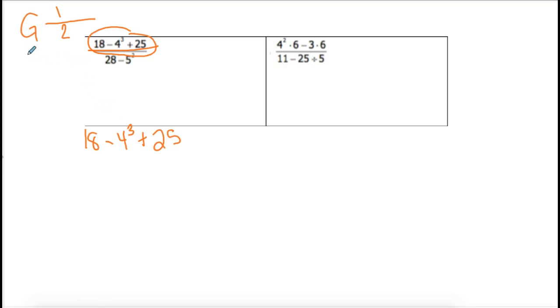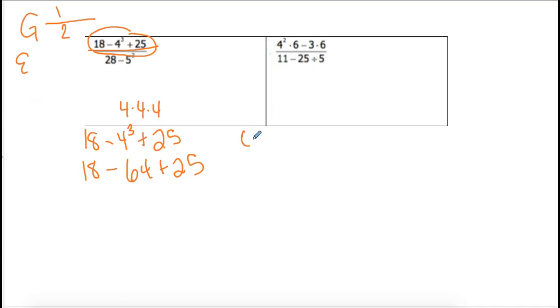So GEMDAS would tell me I need to do my exponents first. 18 minus 4 cubed, which is 4 times 4 times 4. 4 times 4 is 16 times 4 is 64 plus 25. 18 minus 64 means I had 18, I lost 64, so I'm going to be in the negatives.